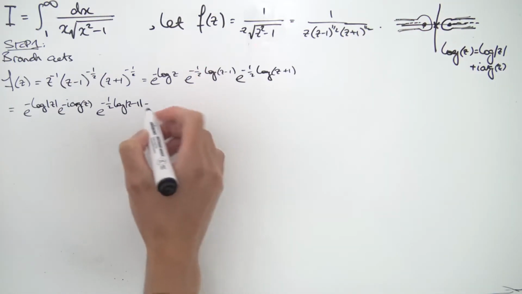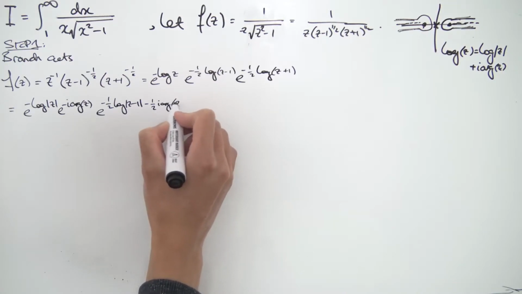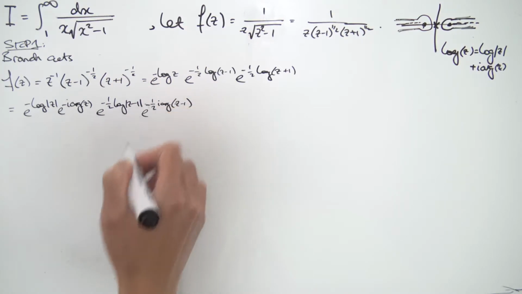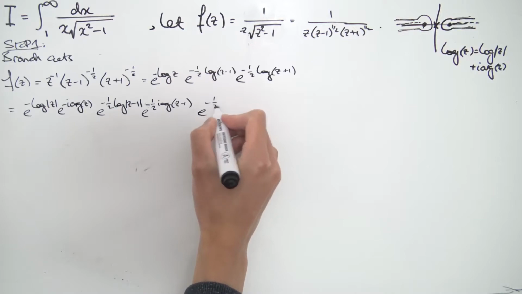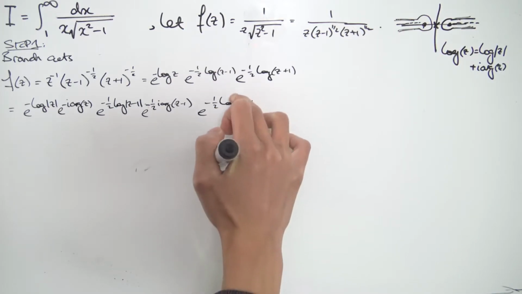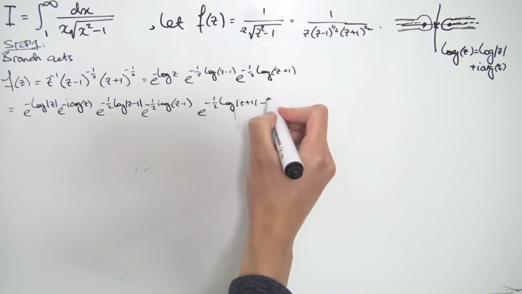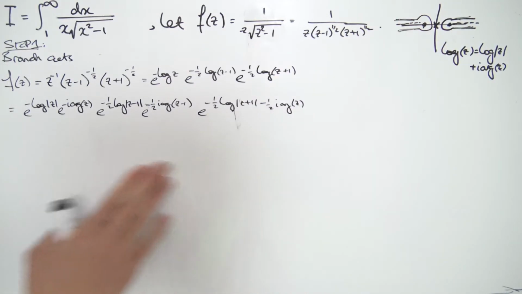So distributing this minus a half in, we get minus a half i times the arg of z minus 1, splitting up the exponential here as well. And finally, we have e to the minus a half logarithm of the absolute value of z plus 1, so this is the real part. And then we have minus a half i times the argument of z plus 1.